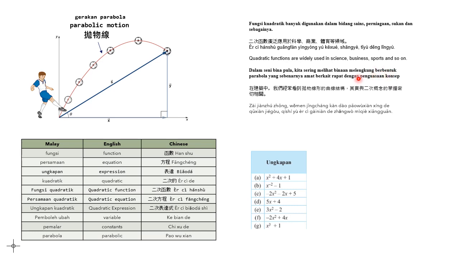Okay, you have parabolic motion. So this is called a parabolic motion. Okay, or 抛物线. Okay. So in architecture, we often see parabola-shaped curve construction which are actually closely related to the mastery of quadratic concept.